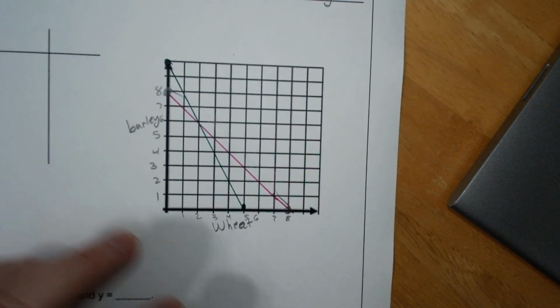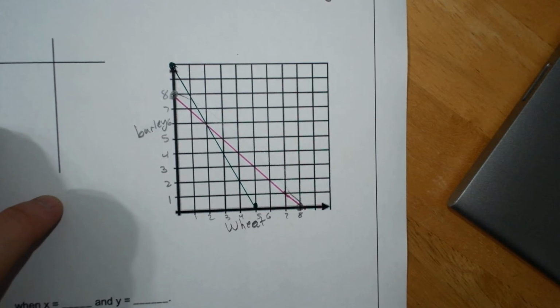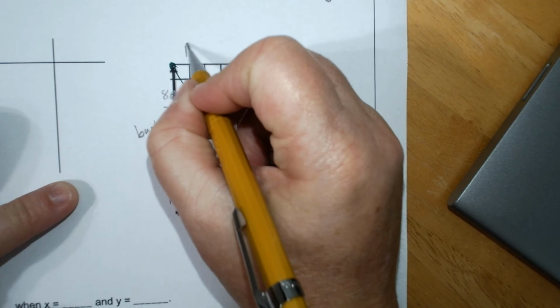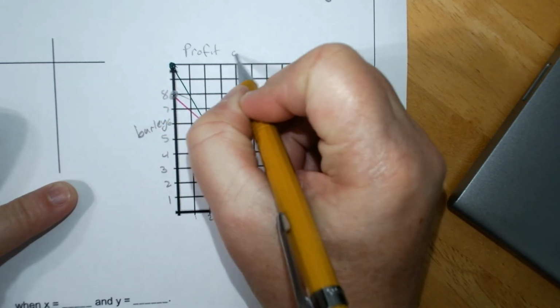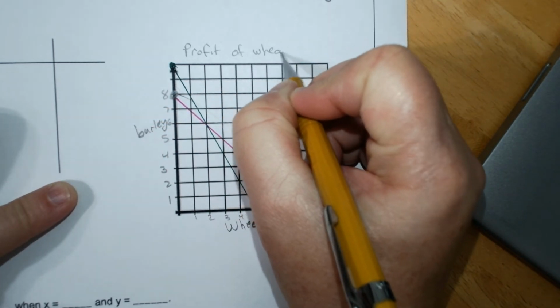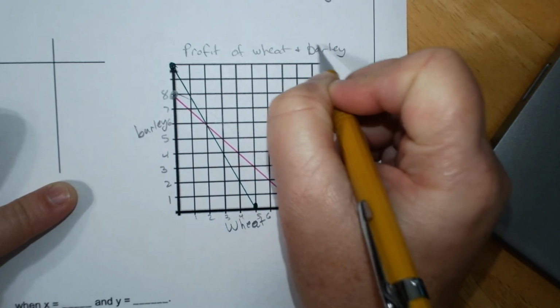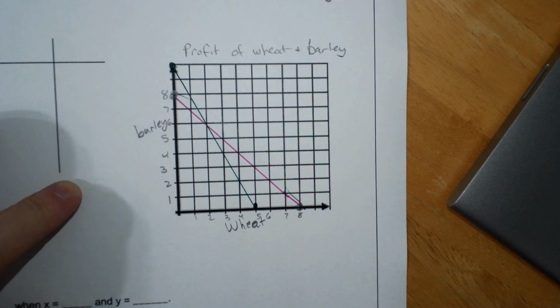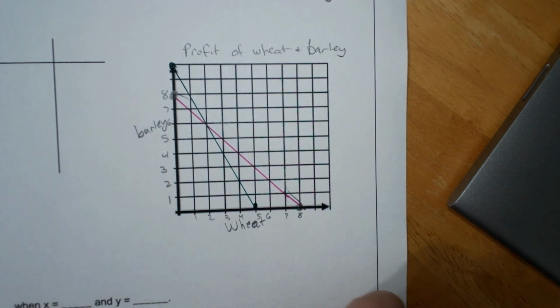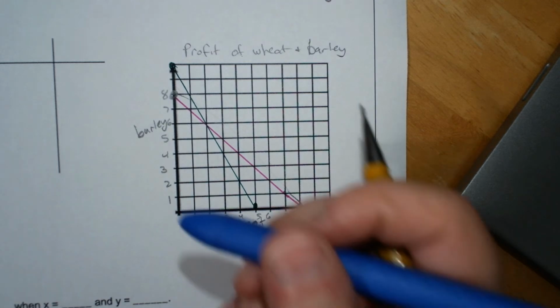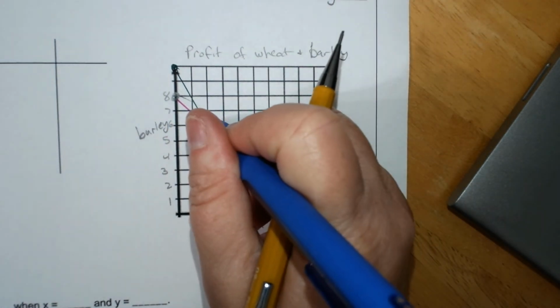Okay, so now we have our barley and our wheat, and this is the profit of wheat and barley. So my corners. I have a corner here.